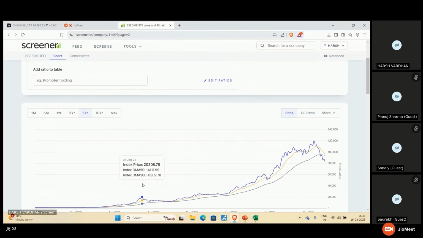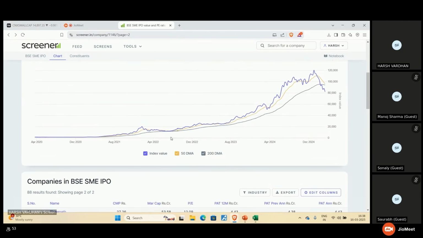Here you can see in Jan 2022 the BSE SME IPO index was at 20,000. But it started recovering from July 2022 itself, and in March 2023 it was again 24,000. Why? Because it only consists of recently listed IPOs. So only during the initial panic period, the IPOs didn't perform well.